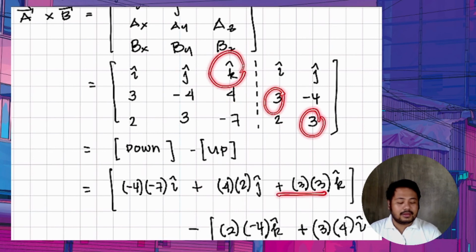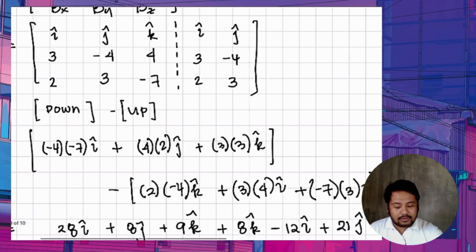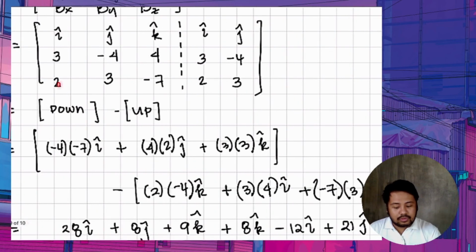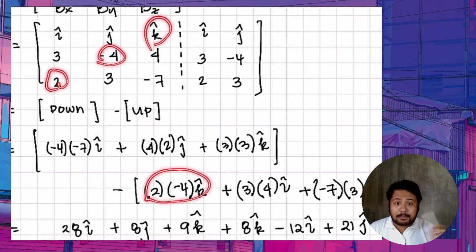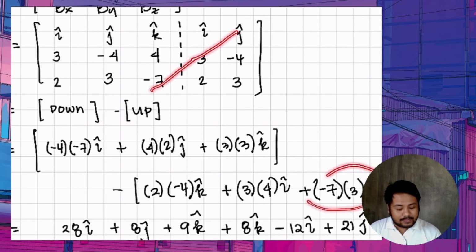That's one. Minus, and then in parentheses, going up, 2 times negative 4 k hat, plus 3 times 4 i hat, plus negative 7 times 3 j hat.